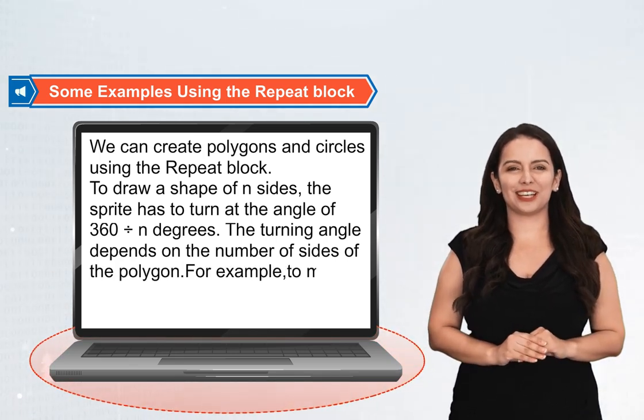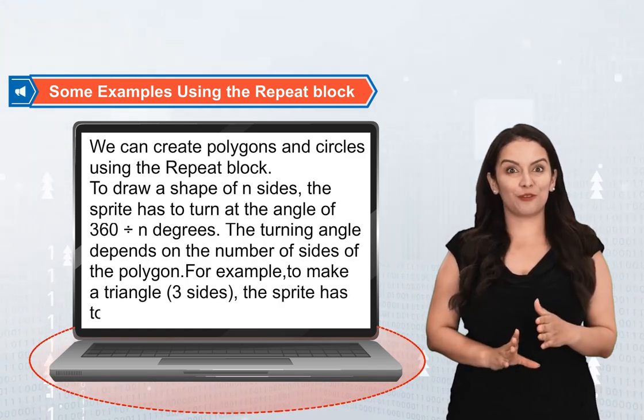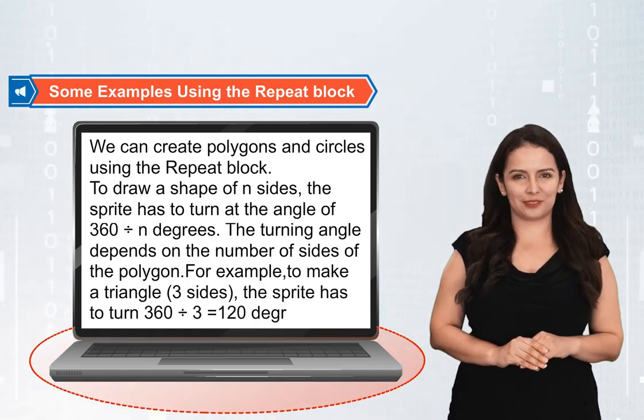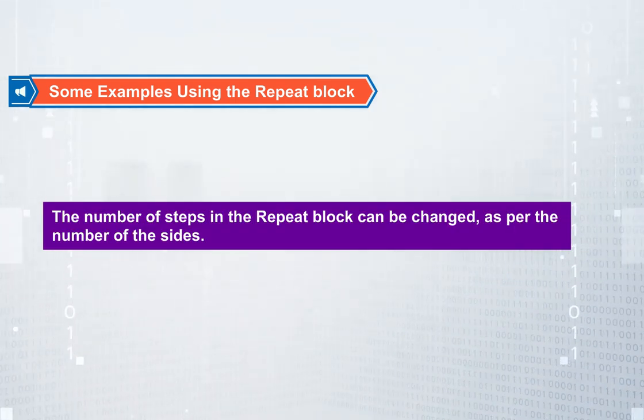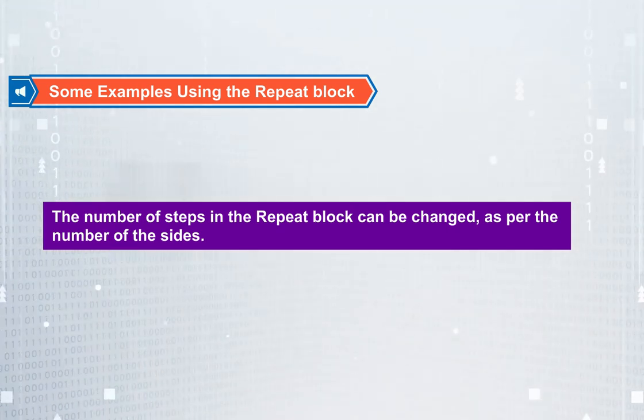For example, to make a triangle with 3 sides, the sprite has to turn 360 divided by 3 equals 120 degrees. The number of steps in the repeat block can be changed as per the number of sides.